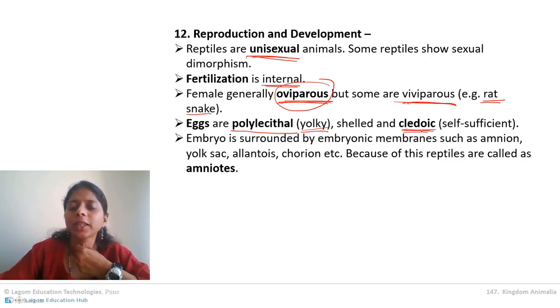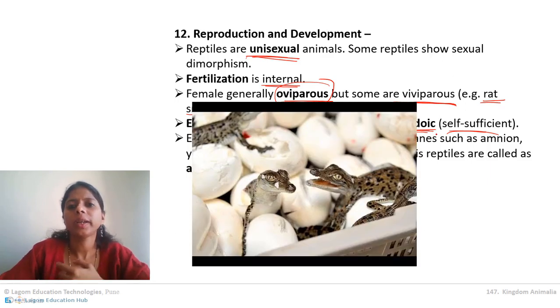Self-sufficient means from that yolk and everything inside the egg, it is getting water, it is getting food, it is getting everything required for its growth. That's why the egg is called a self-sufficient egg. Understanding? So when the reptile baby is born, when the small crocodile or small snake is born, it is self-sufficient.